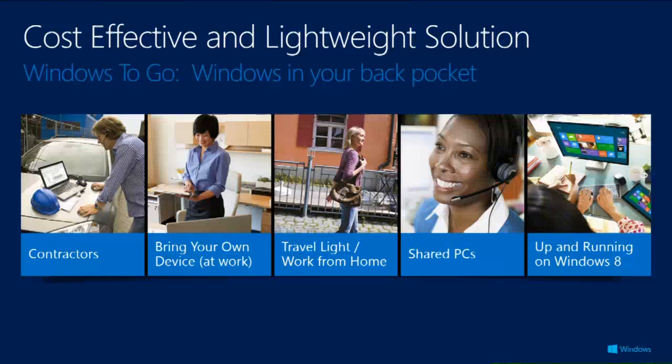Customers may be moving from XP to 7 or just moved into 7. What Windows to Go allows them to do in that case is leave Windows 7 on that host machine and provide the end user with a Windows to Go drive with Windows 8 on it for testing, for trying it, for getting used to it. And at the end of the day, if they want to move back to their Windows 7 machine, they simply boot out of the Windows to Go drive.